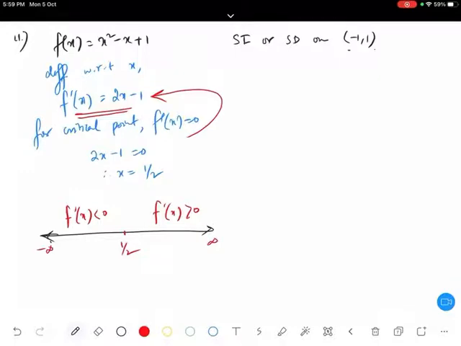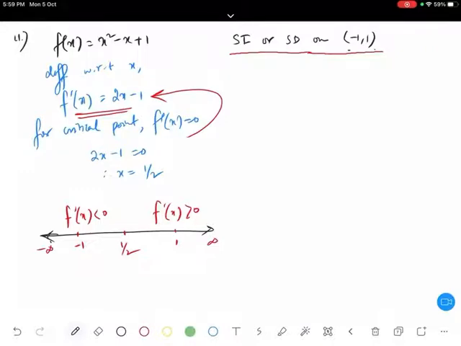We have to check that this function is neither strictly increasing nor strictly decreasing on minus 1 to 1, right? So I don't have to deal with minus infinity to infinity. I just have to deal with minus 1 to 1. Since 1 lies on the right hand side of half, f dash x is greater than 0.